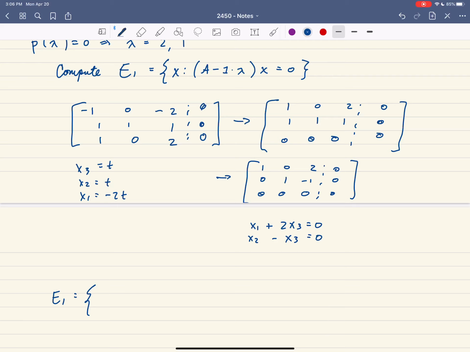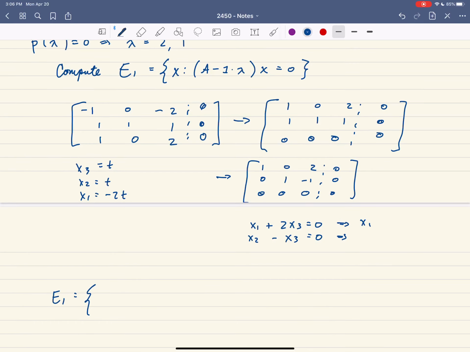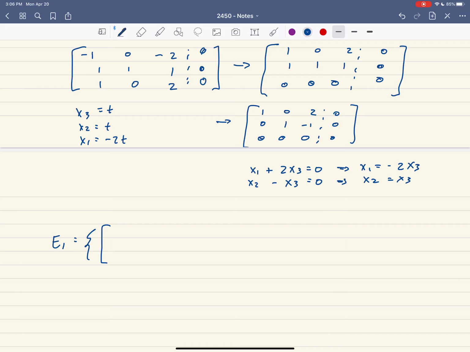And so if x3 is t, then solving each of these for x1 and x2 respectively gives us that x1 is negative 2x3, x2 is x3, and therefore if x3 is t, that's how I got the other values for x1 and x2 here. Okay, so it looks like the eigenspace E sub 1 is going to be the space negative 2t, t, t, where t is a real number.